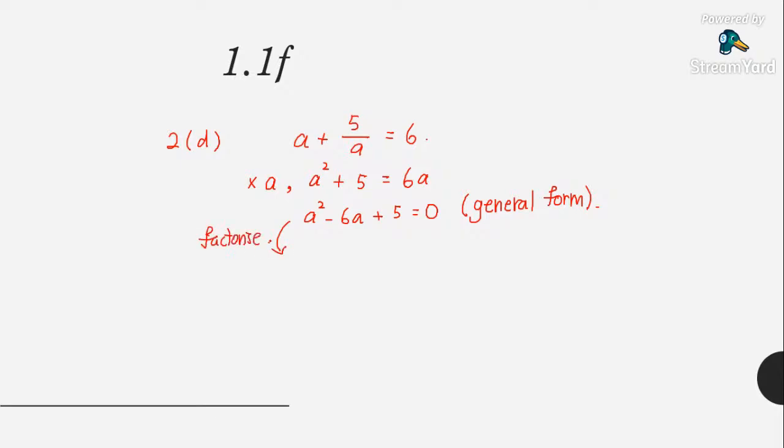So how do you factorize? For your homework, I want all of you to do the factorization method or the cross method. Must show your working. So this is positive 5, this is negative 6a. So obviously this is a and a, this is 2, 3, cross multiply, this is 2a, 3a, negative, negative.